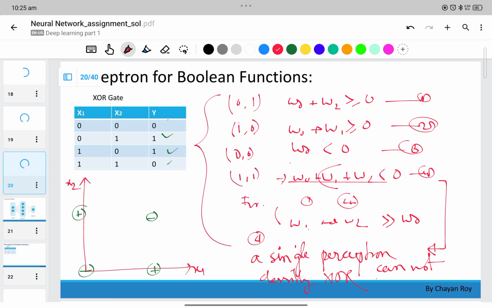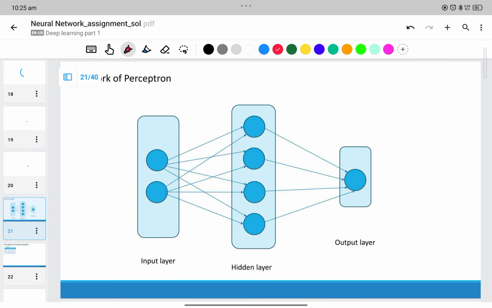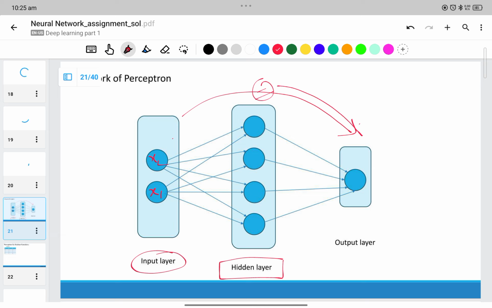So we take a network of perceptrons. Here we have an input layer, say this is x1, this is x2, our input. We add a hidden layer in between the input layer and the output layer. Previously from the input we calculated something and got the output.